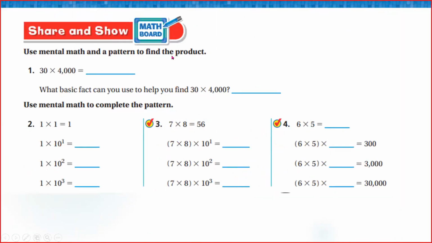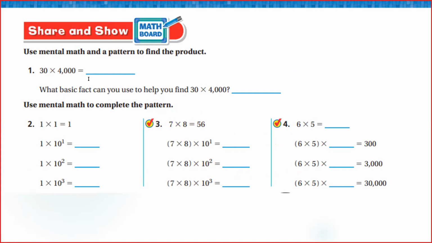Now, yes, Hunara. Use mental math or pattern to find the product. 30 times 4,000. Bravo.